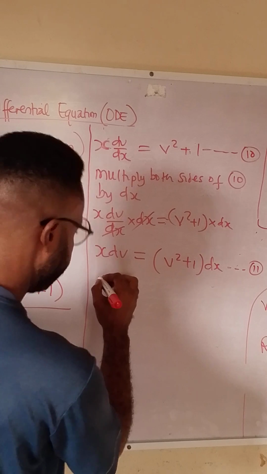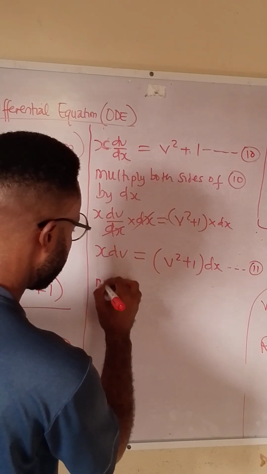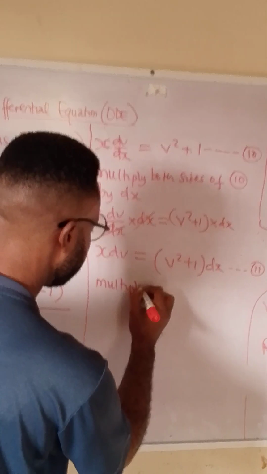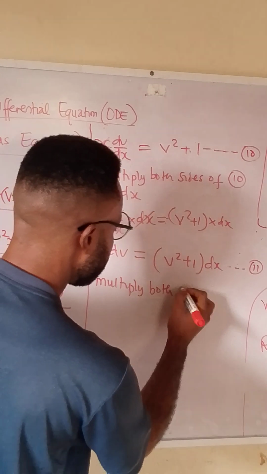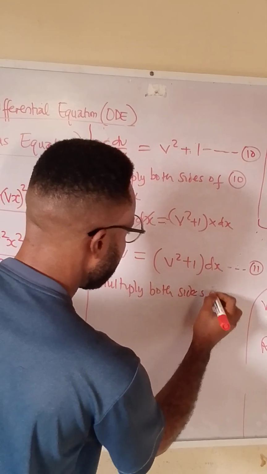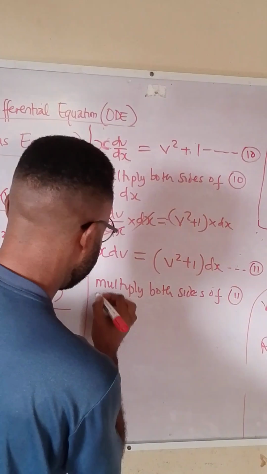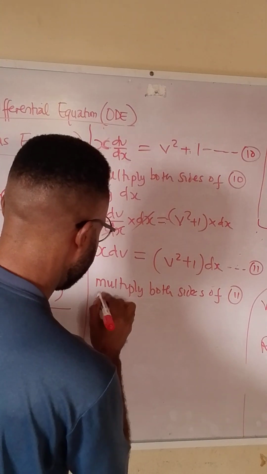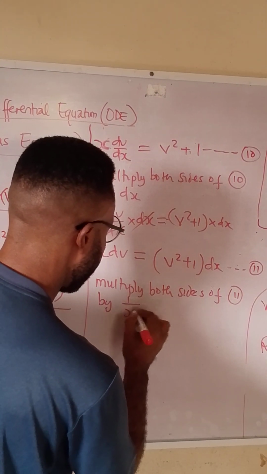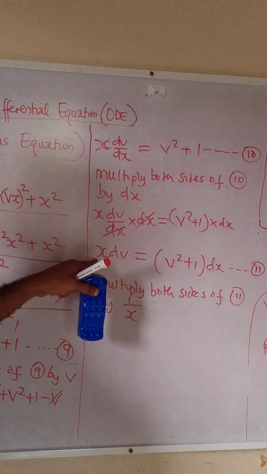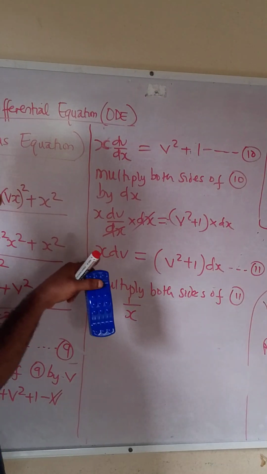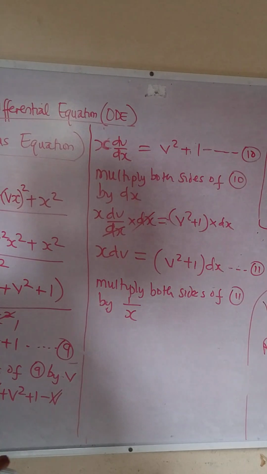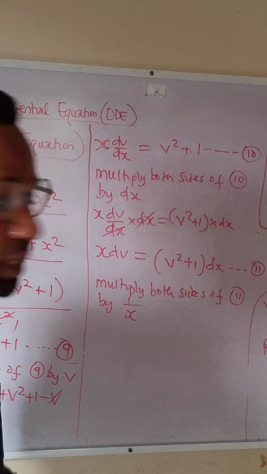We can now say multiply both sides of equation 11 by 1 over x. So the essence is to eliminate x on the left hand side, while we take it to the right hand side of the equation.